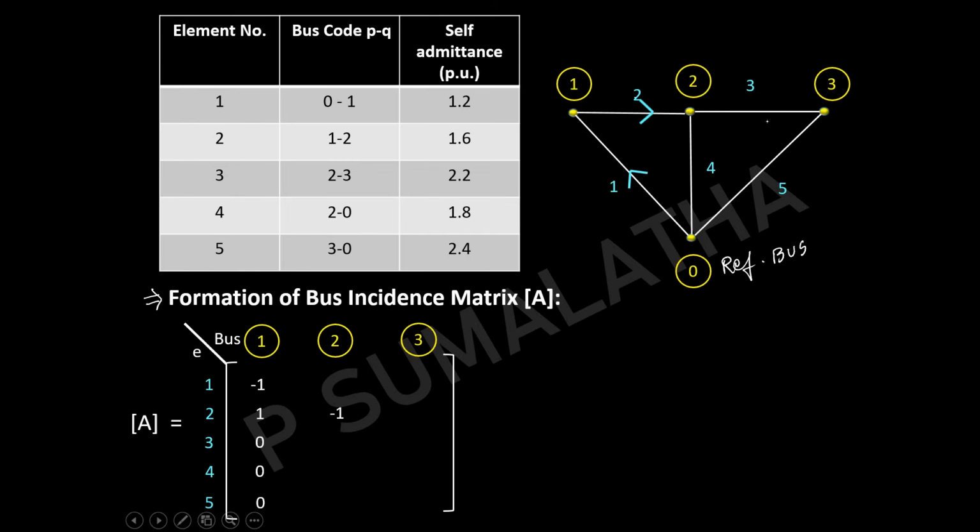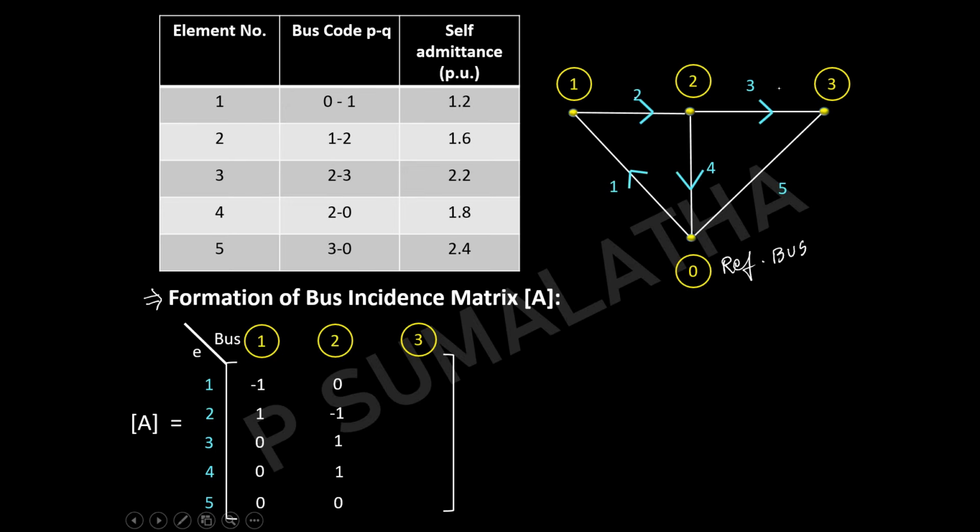The third element is connected between 2 and 3, so the direction is away from the second node, so the third element with respect to the second bus is positive. Coming to the fourth element, which is connected between 2 and the reference node, 2 to 0, the direction is away from the second node. So the fourth element will be +1 and the remaining two values will be 0.